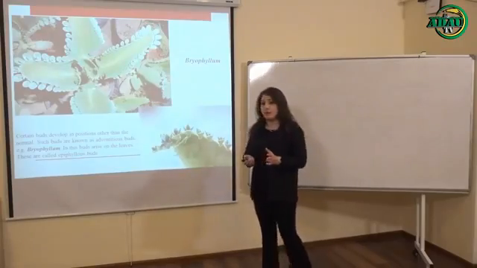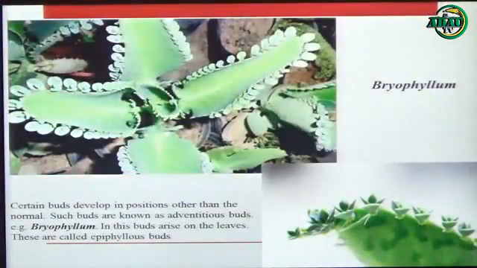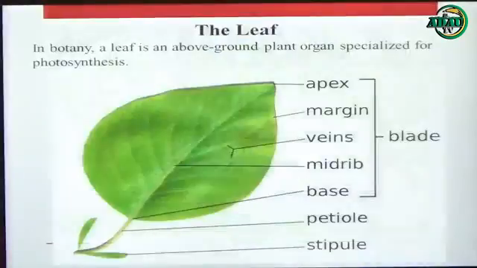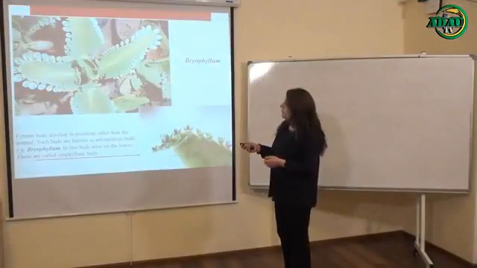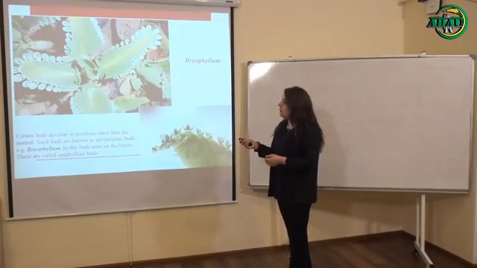And some plants have buds which develop in positions other than the normal ones. Such buds are known as adventitious buds. For example, this is Bryophyllum, and here you can see adventitious buds.